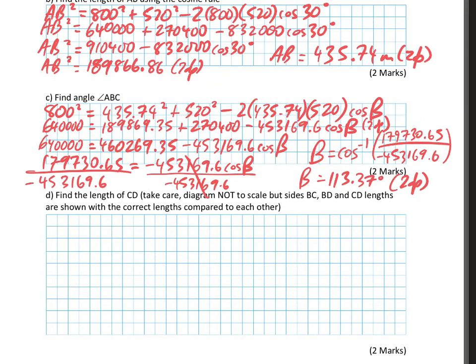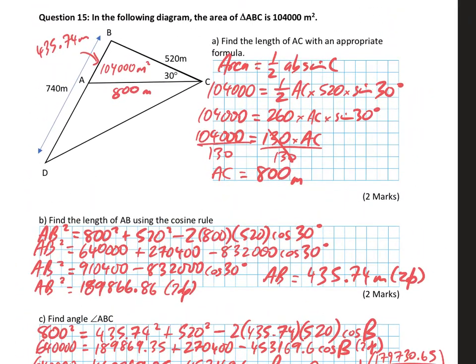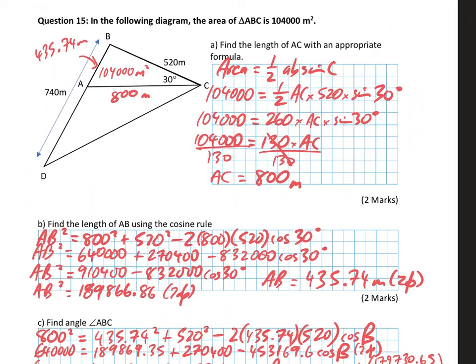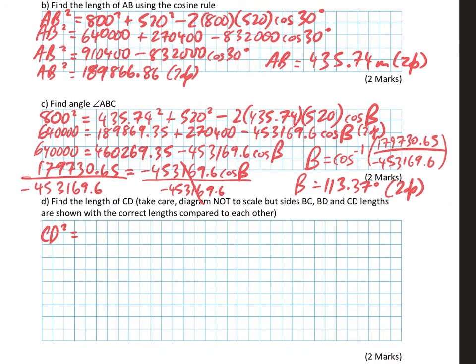Find the length of CD. Well, CD squared is equal to those two sides. We're using cosine rule here because we just worked out what angle B is, or angle ABC is, and that's included between 740 and 520.